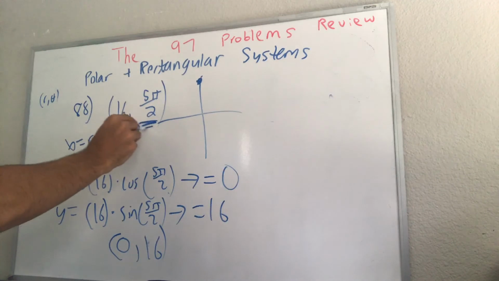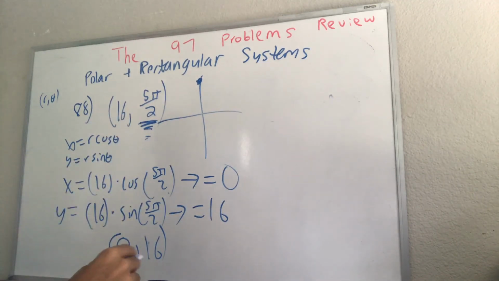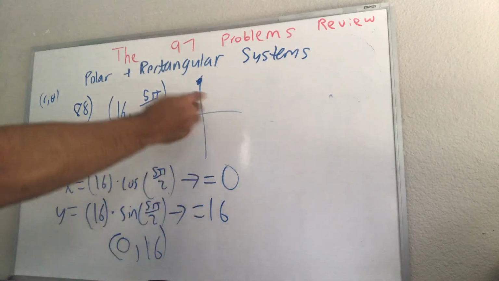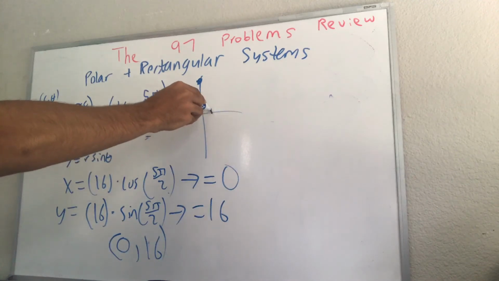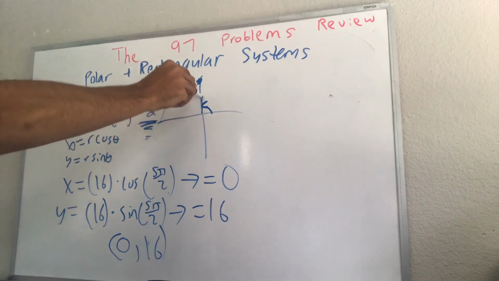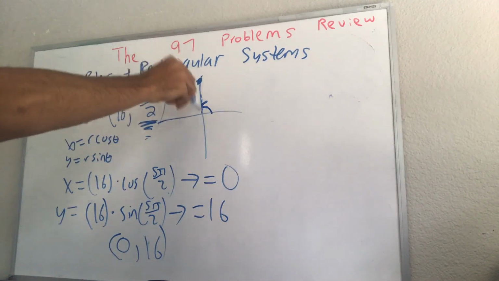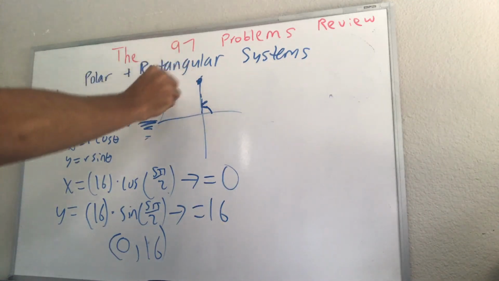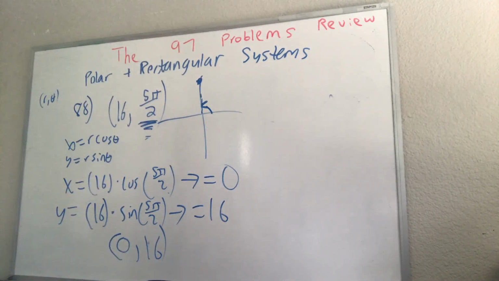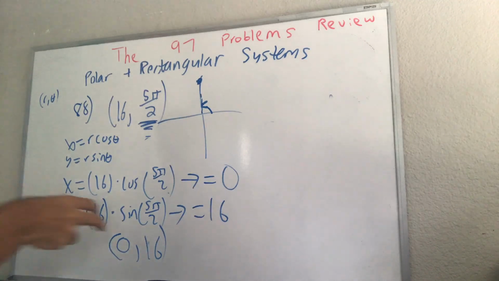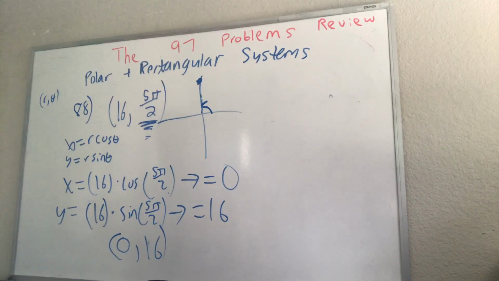When you look at your angle 5 pi over 2, you're going 2 pi, 1 revolution, and then pi over 2 more, so you will be along the positive y-axis. So our x comma y point is 0 comma 16. So that's question number 88.